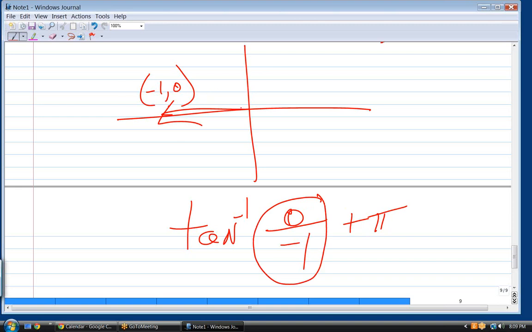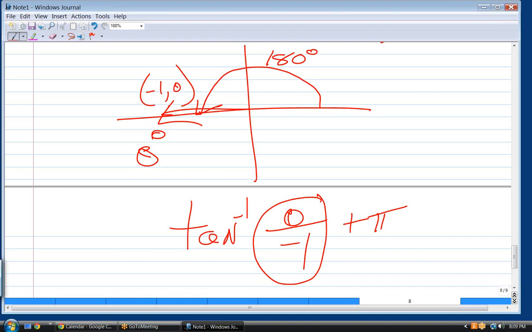But it's not the angle between the vector and the x-axis. In other words, you could easily have answered 0 degrees there. It's the angle between the positive x-axis and the vector. Notice the difference.